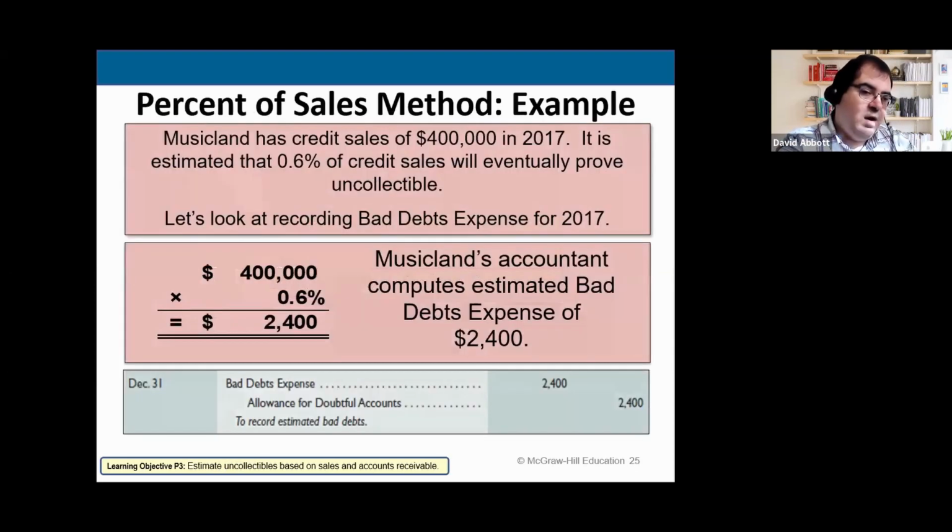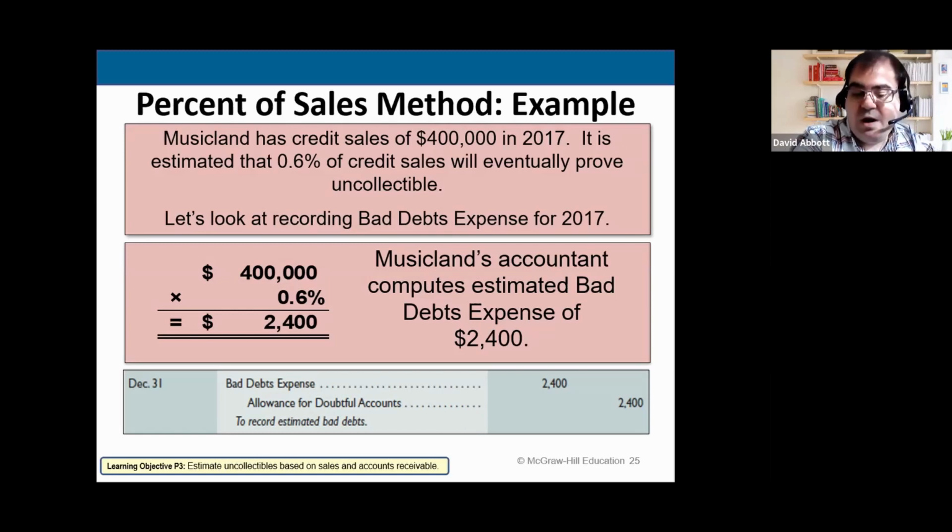And so we see here an example of how we would calculate this. The percentage of sales method, also referred to as the income statement method, is based on the idea that a given percentage of the company's credit sales for the period is uncollectible. To illustrate, assume that Musicland has credit sales of $400,000 in year 2016.